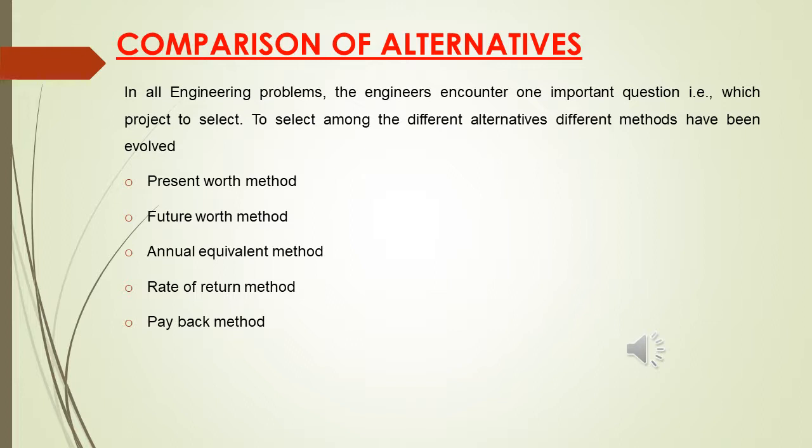So which one to select is the question. There are different kinds of alternatives: present worth method, future worth method, annual equivalent method, rate of return method, and payback method. Let's go through the first one, the present worth method.